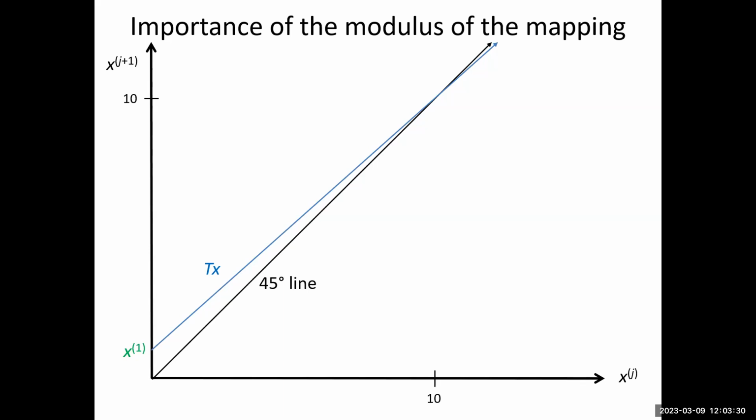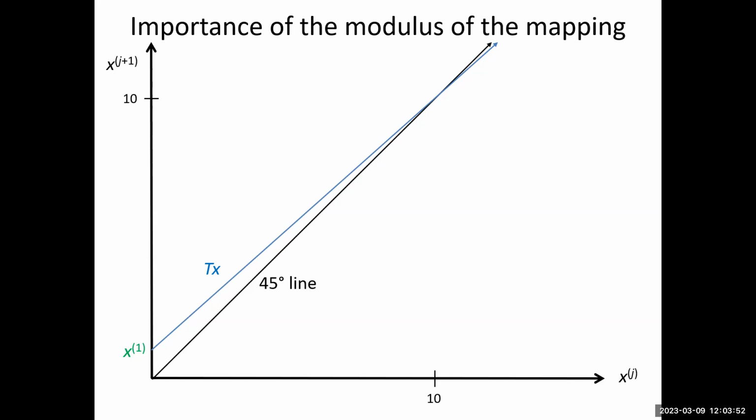Now we will demonstrate visually why beta must be less than 1. This graph plots the jth iteration of X on the horizontal axis and the next iteration of X on the vertical axis. When the next iteration is the same as the jth iteration, we are on the 45-degree line.